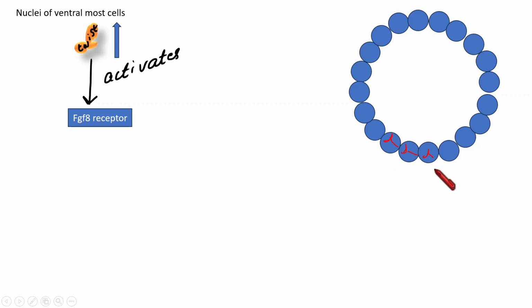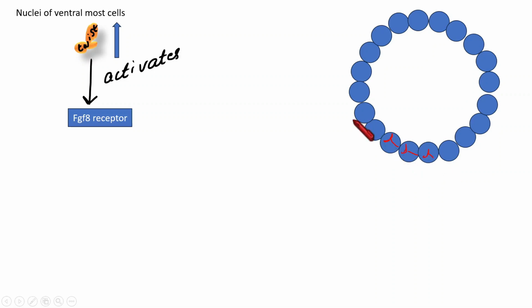Okay, how are these receptors formed? Because of the high concentration of this protein, it activates the FGF receptor gene in the 16 ventralmost cells, and because of that activation, that gene expresses, it undergoes transcription and forms the FGF receptor in these ventralmost cells. Clear?